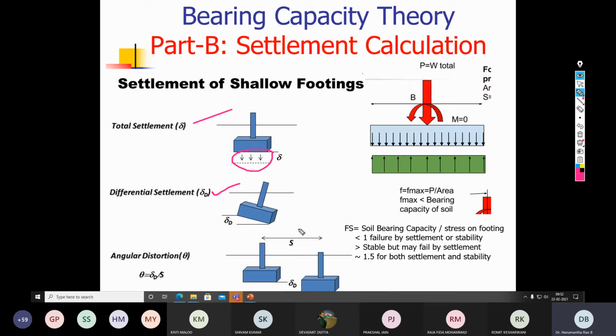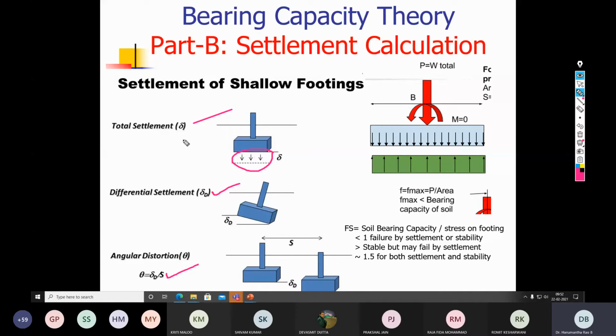Alternatively, that differential settlement can also be used to calculate another parameter called the angular distortion. As you can see here, the angular distortion theta is defined as the difference in settlement between the two outer edges of a footing and the distance between two footings. So S is the distance between the two footings, and theta d is the angular distortion from the differential settlement delta d.